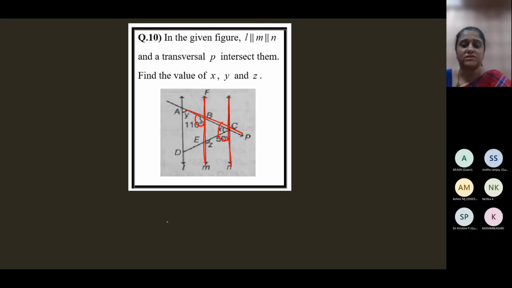Is x plus 50. Please observe them carefully. Parallel lines, transversal. See here, this one, below. You can relate that to this one.